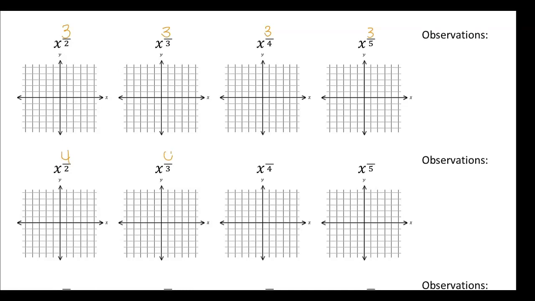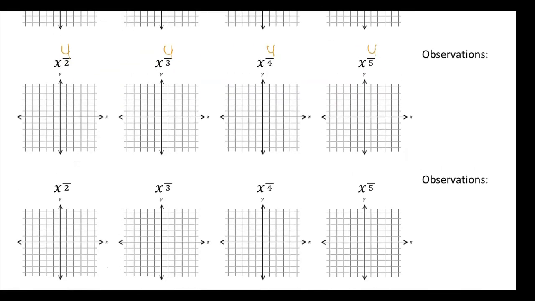These numerators will be 4. And the last row will have numerators of 5. We can use whatever numbers we want, but I want you to see the numbers 1 through 5 as your numerators just to see what they look like.